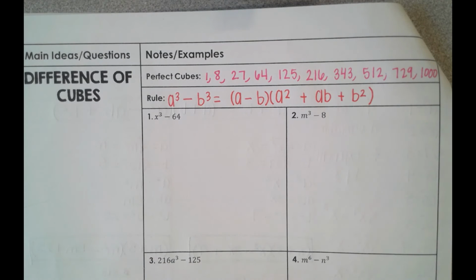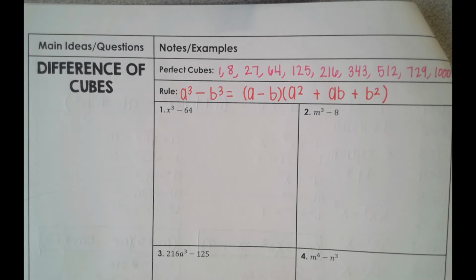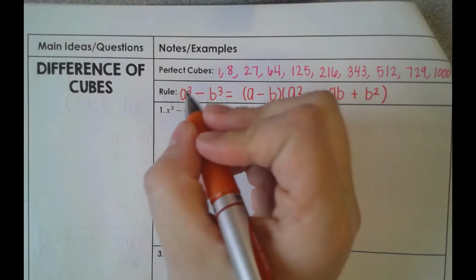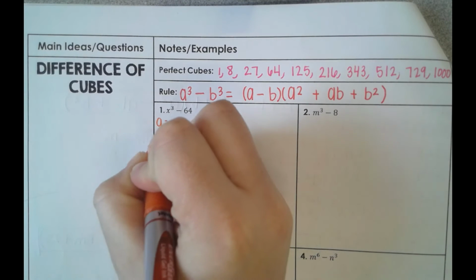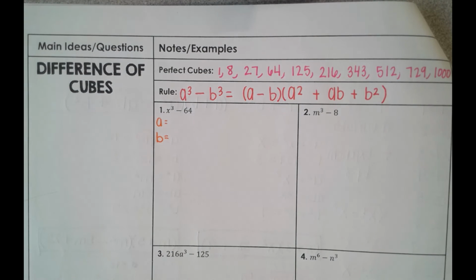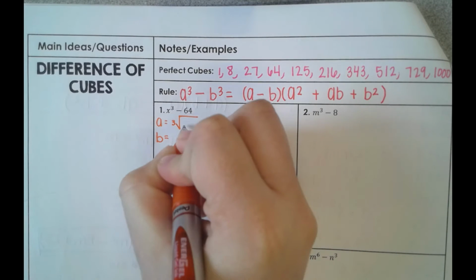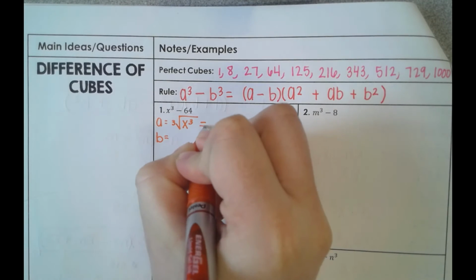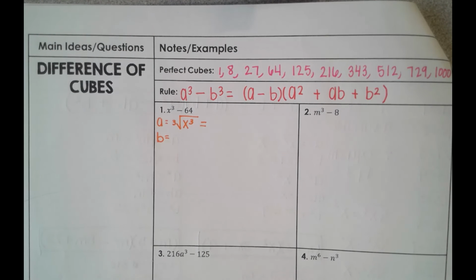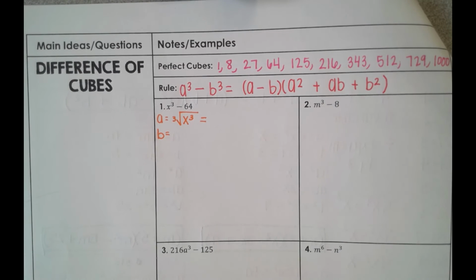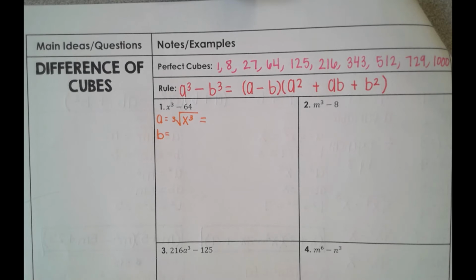All right, so the first thing we need to find are our a and b. You remember, to find our a, we take the cube root of that first thing, x cubed. Whenever you're taking the cube root of a variable, you divide the exponent by 3.